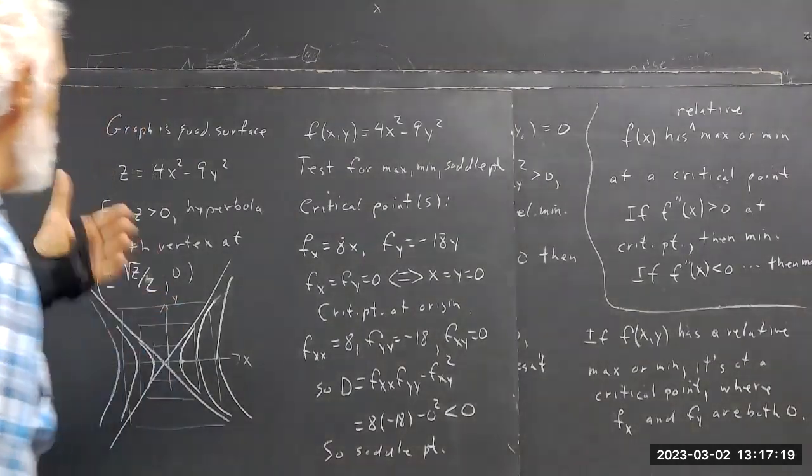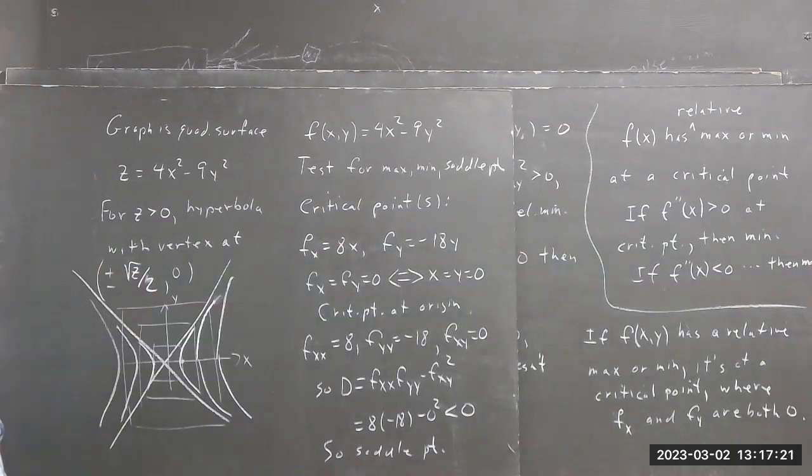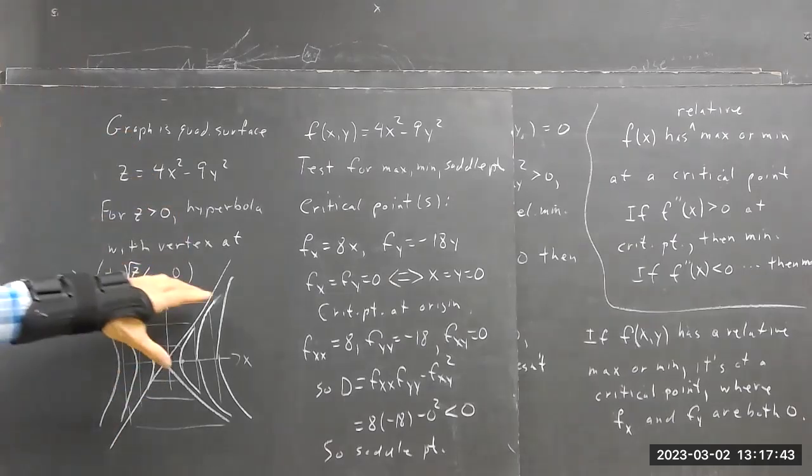Of course, you can do the intersection with the xz plane, and you get z equals 4x squared. Just right. Okay, there you have it.